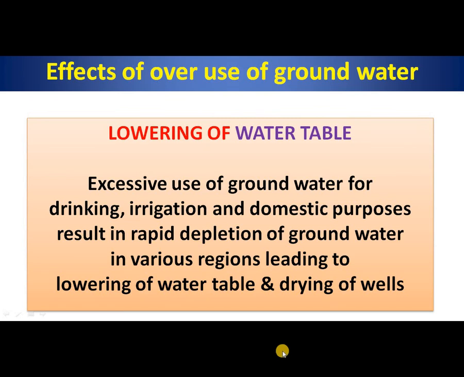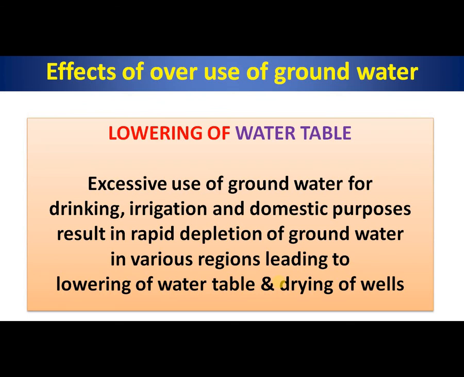Effects of overuse of groundwater. Lowering of water table. What happens if water is used in excess quantity? The water table goes down. That is called lowering of water table. Excess use of groundwater for drinking, irrigation, or domestic purposes, whatever the purpose may be, results in rapid depletion of groundwater.